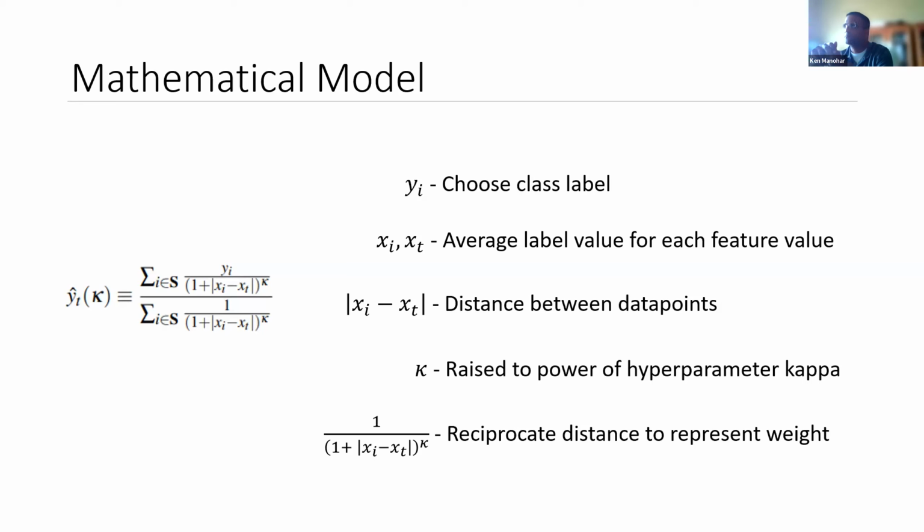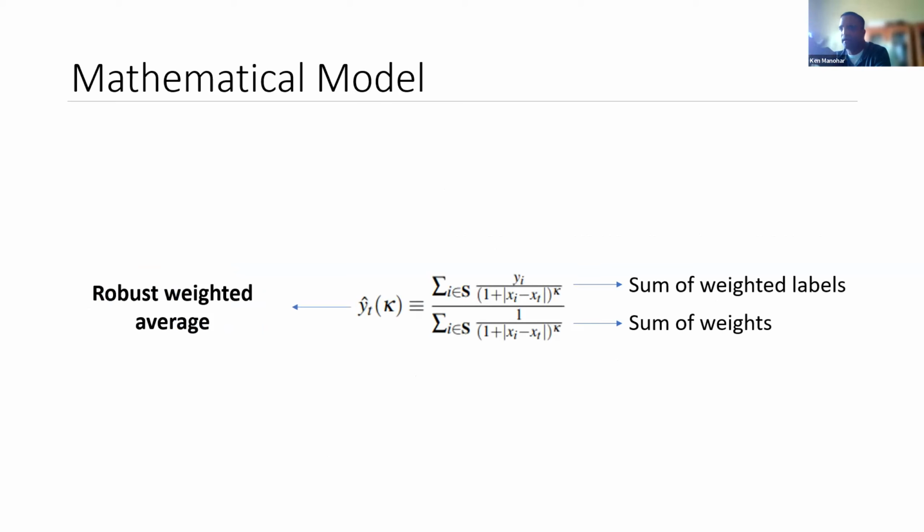By adjusting that value of kappa, and in terms of applying it as a weight, once we take the reciprocal, we can use this to represent weights. Then we apply the weights to the labels to get the sum of the weighted labels, which is our numerator. And for normalization, we divide by the sum of the weights. And this is how you end up with the robust weighted average.